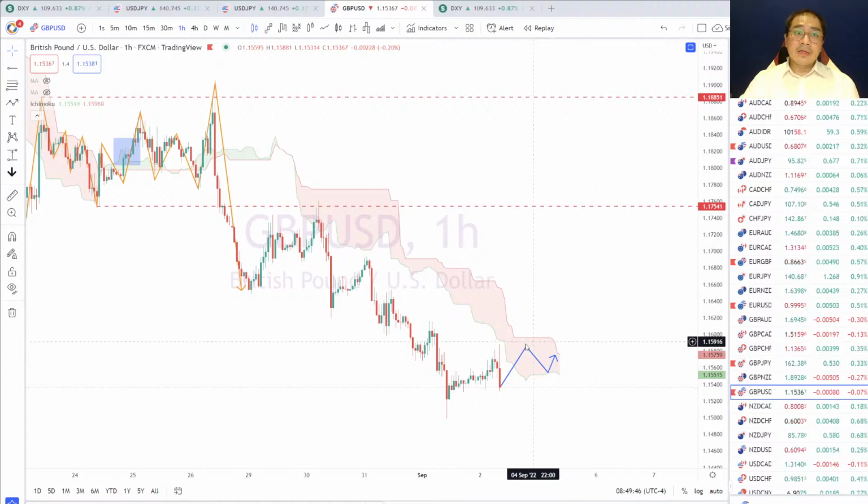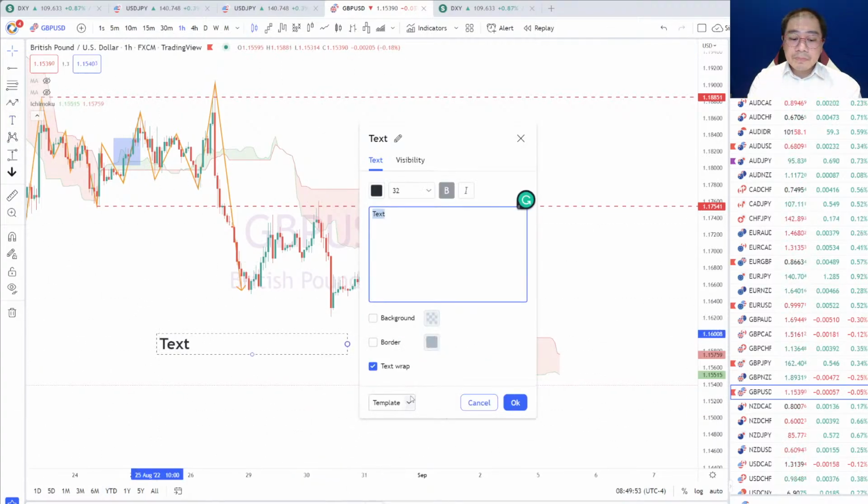But if you take a look at the Ichimoku cloud, it's actually really simple. If it's below the Ichimoku cloud, then we consider the market to be in a downtrend. So yeah, below cloud equals downtrend. Above cloud equals uptrend.